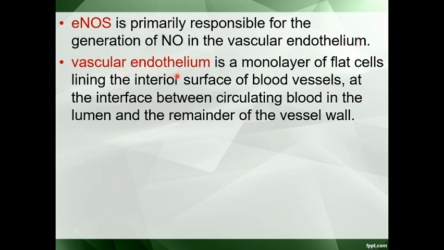Vascular endothelium, what is vascular endothelium? It is a layer of flat cells lining the internal surface of the blood vessels, at the interface between circulating blood in the lumen and the remainder of the vessel. Just imagine it's like a bag which lines the blood vessels, and the blood flows within this bag.